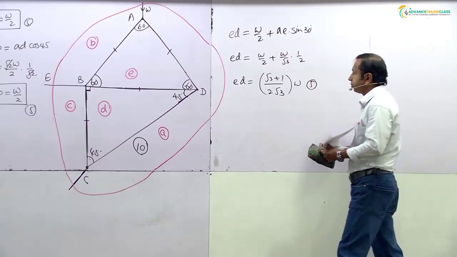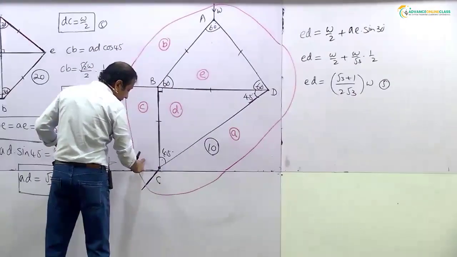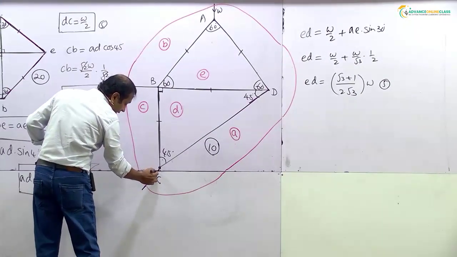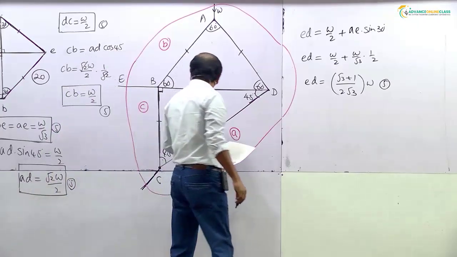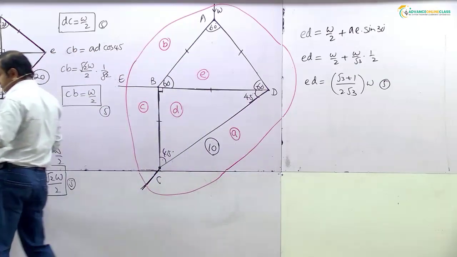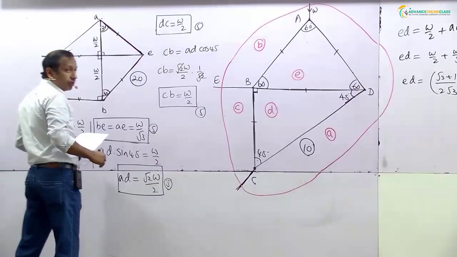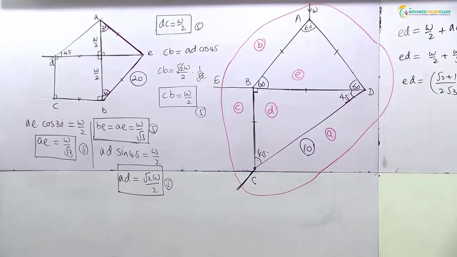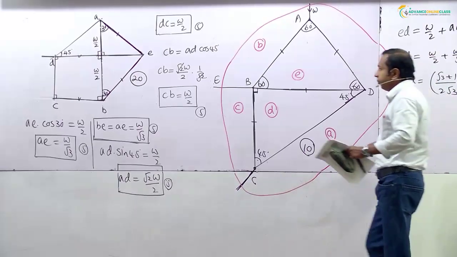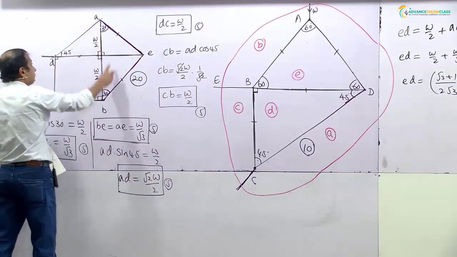Right. Now we need to find this AC. That is the reaction here. AC or CA. You can find this CA by applying the Pythagorean theorem.